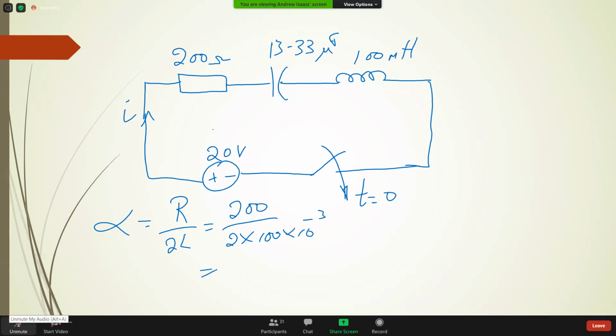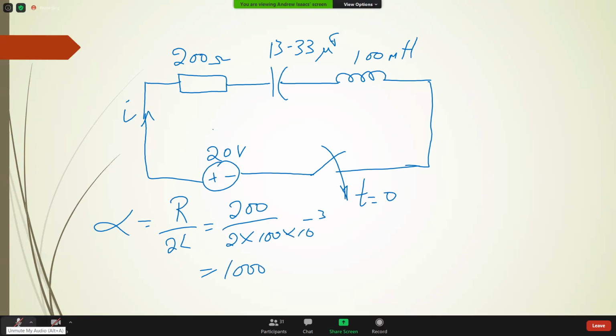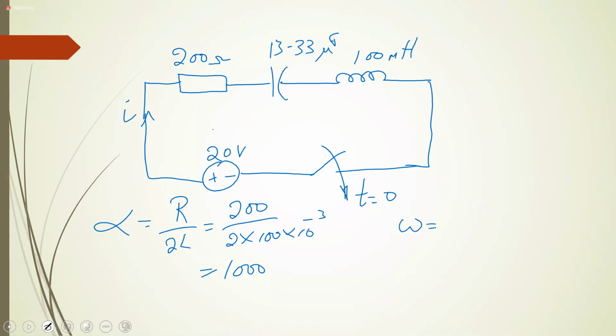Okay. And that will work out to about 1,000. Omega is equal to 1 upon the square root of LC. Right? Somebody work that out for me quickly. We have L, we have C. So let's find omega.